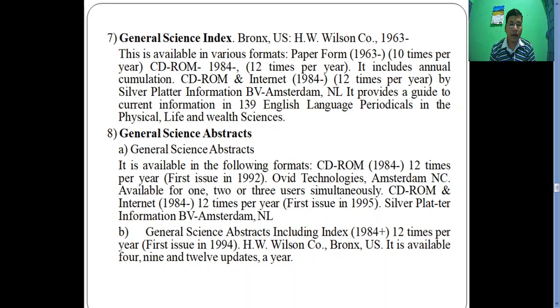CD-ROM and internet 12 times per year. It is also published by Silver Platter Information. Another important one is General Science Abstracts including index, 12 times per year. It is available for 9 and 12 updates a year.